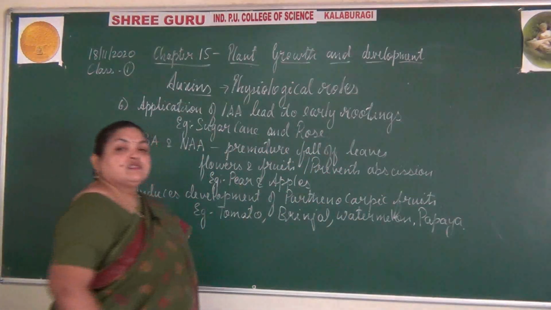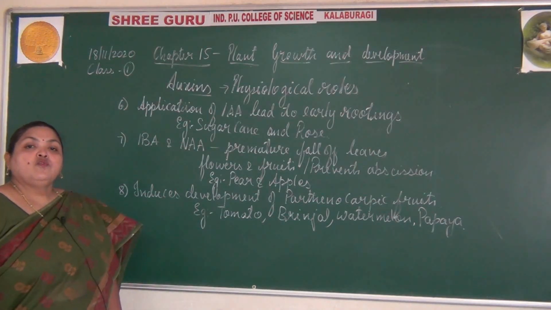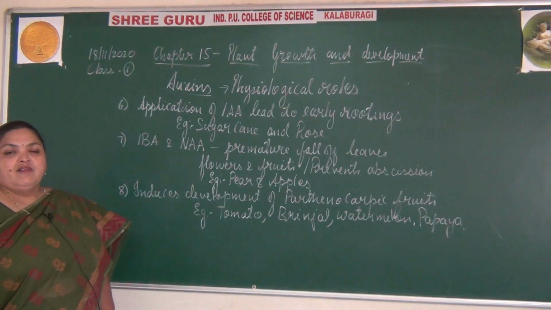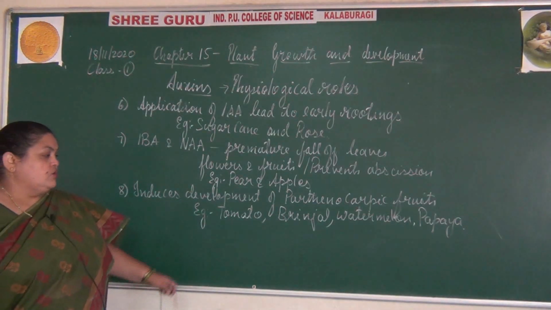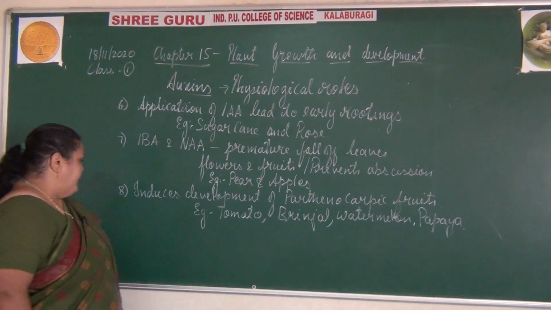When these plants are treated with the auxins, then there is no formation of the seeds, or very few, and we can develop seedless fruits. Those are tomato, brinjal, watermelon and the papaya.